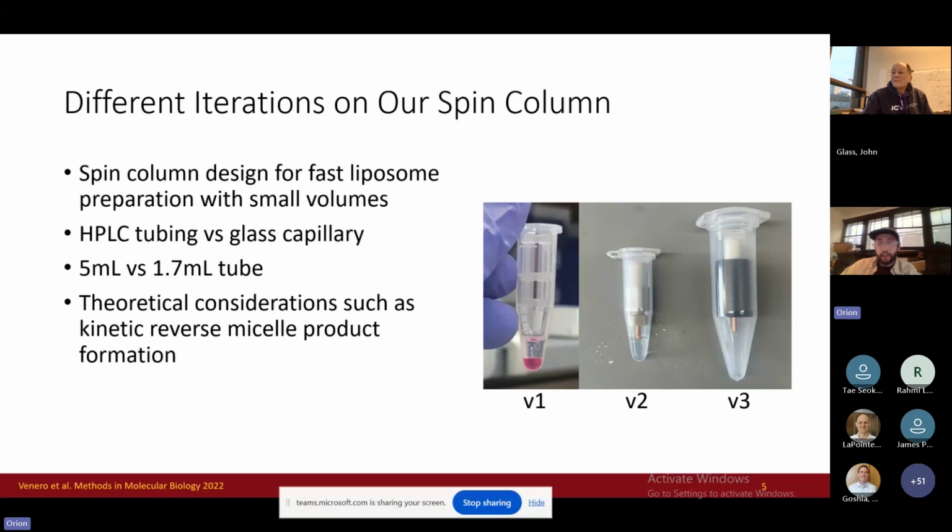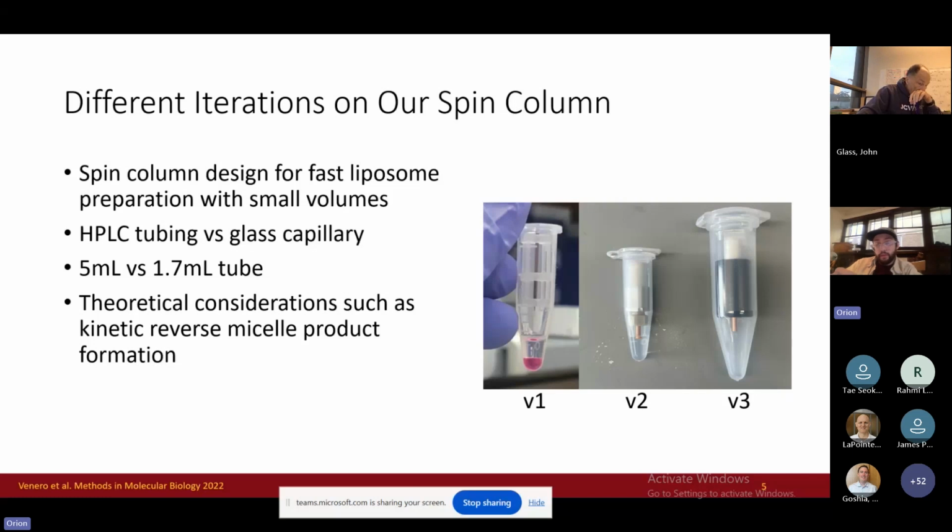Ultimately, we upgraded this to use an HPLC tube rather than a glass capillary. This gave us a little more repeatability, and the HPLC tube can be ordered more easily. The next iteration, from version 2 to 3, changed from a 1.7 mL tube to a 5 mL tube, and this allowed for more optimal volumes in terms of formation.